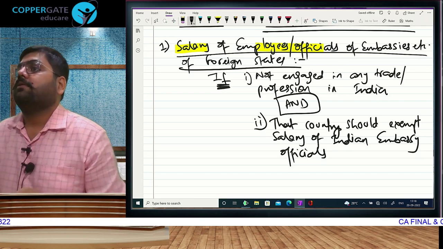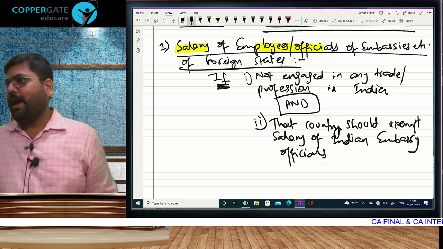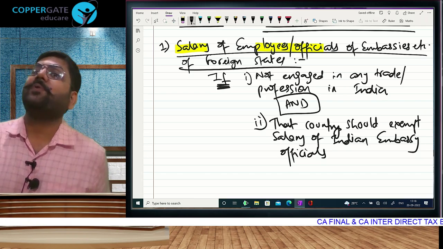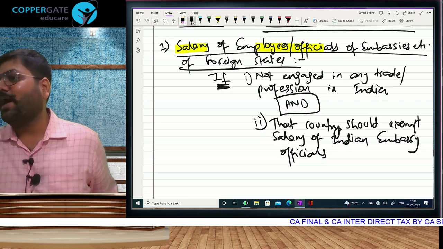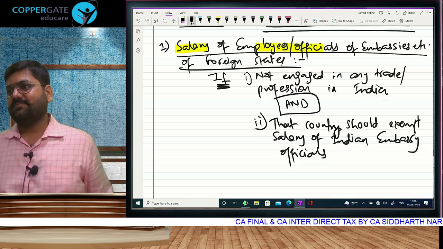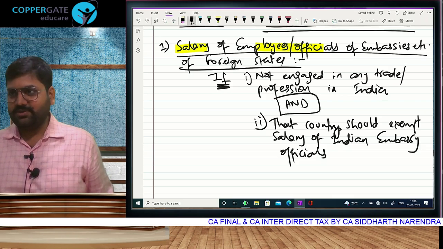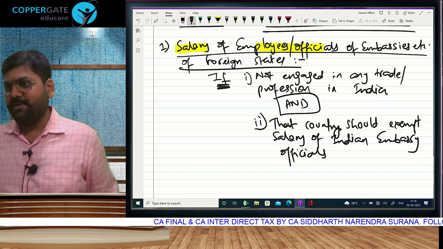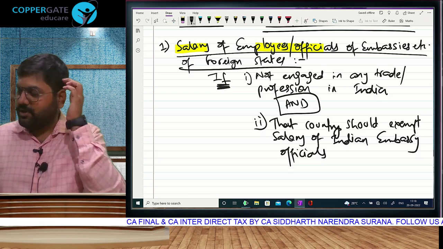What will happen? Tax cut. You don't die by not fulfilling the conditions in taxation. You just pay tax because you have not fulfilled the condition. Understood? तो सिंपल है. You exempt our employees का salary, we exempt your employees का salary.